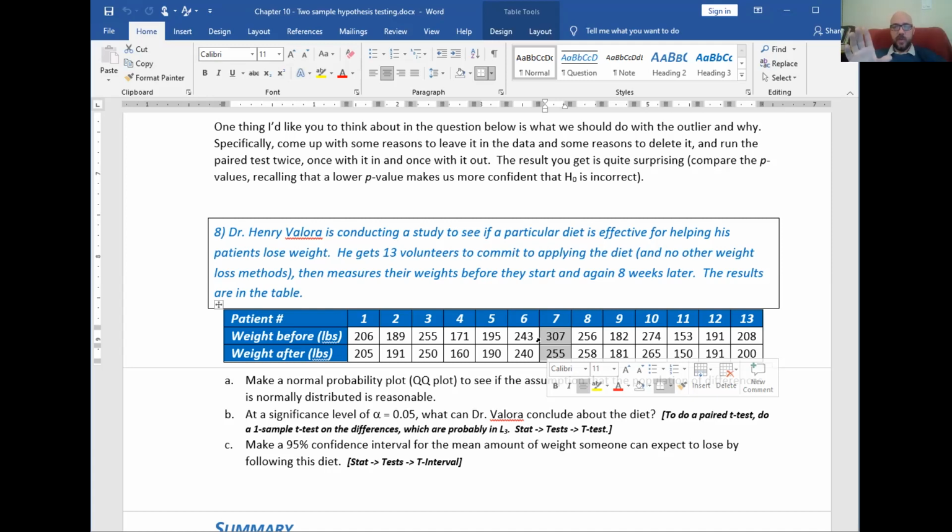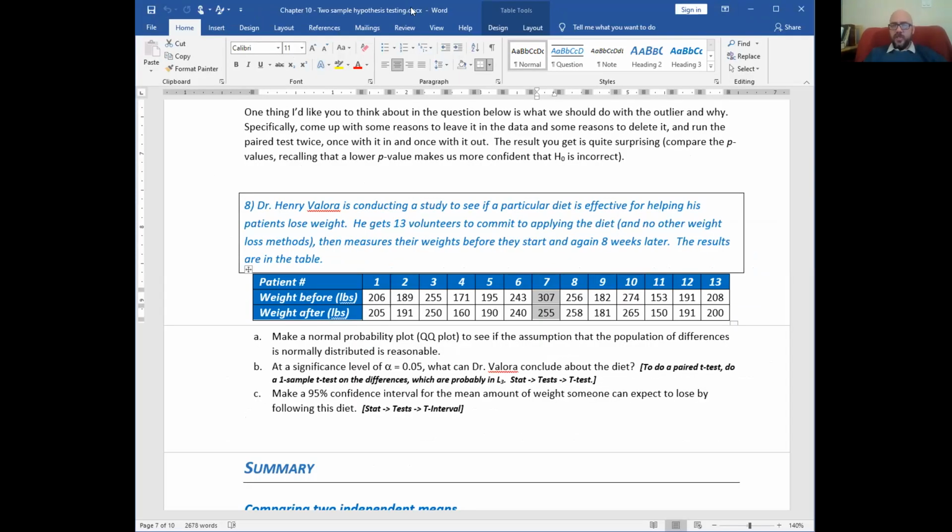I hope the conclusion you came to was that the test should be less sure that weight was lost on this diet, right? We're throwing out most of the weight that was lost. So when I do a t-test on L4, which is the data without the really successful guy, I would expect that we would have a bigger p-value.